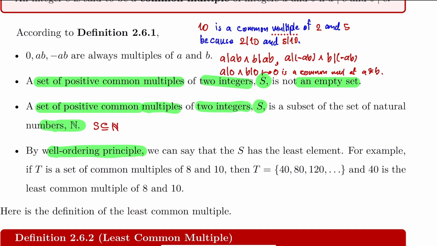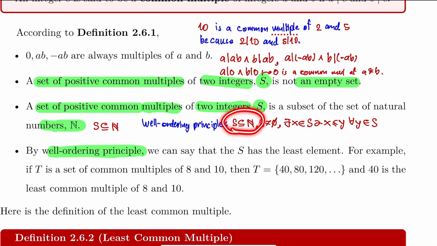So what is the well-ordering principle? If set S is a subset of the set of natural numbers and S is not an empty set, then there exists x in set S such that x is less than or equal to y for all y in set S. That means every nonempty subset of the natural numbers has a least element.